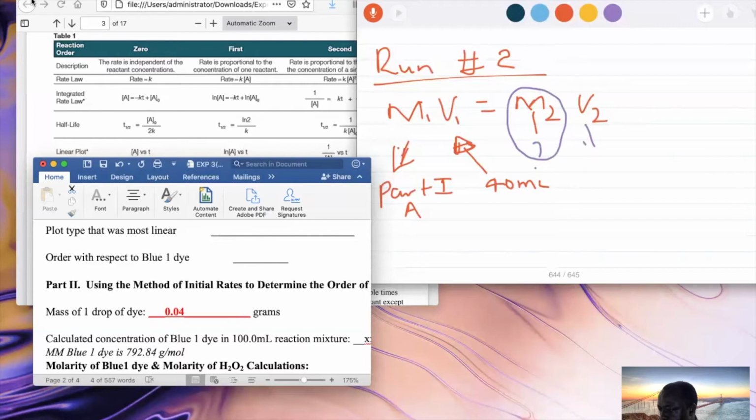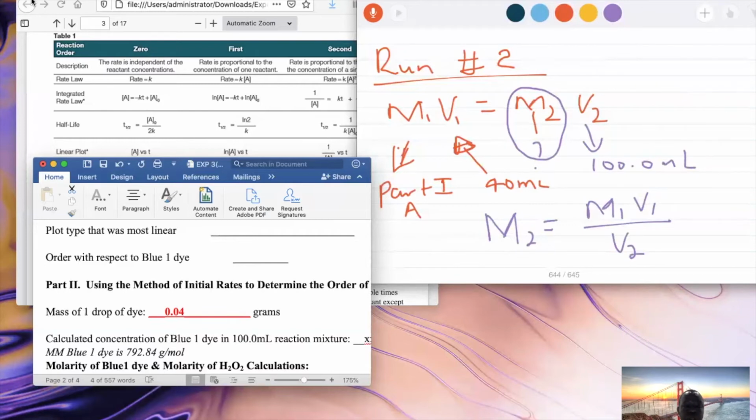And the volume here was diluted to what? To 100.0 ml. You don't need to change to liters. So this is M2 equals M1 V1 over V2.